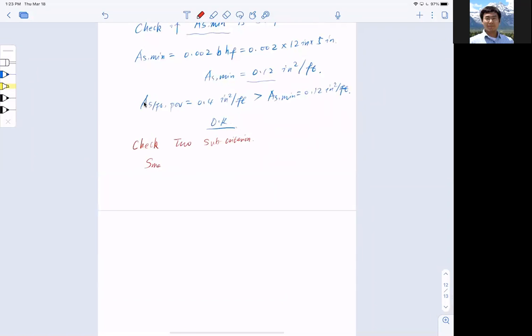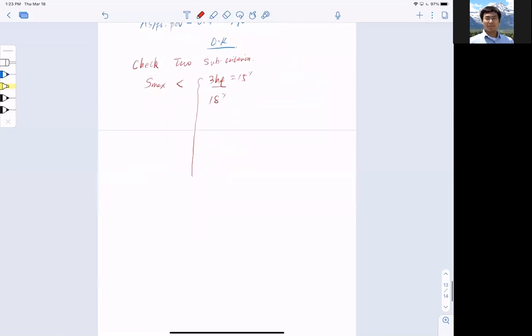What are those two sub-criteria? So s max has to be smaller than 3h_f or 18 inches. So this is 15 inches because h_f is 5, remember? And then I have this to be deflection controlled. I also need to verify if this is smaller than 15 multiplied by 40,000 divided by fs, minus 2.5 cc.